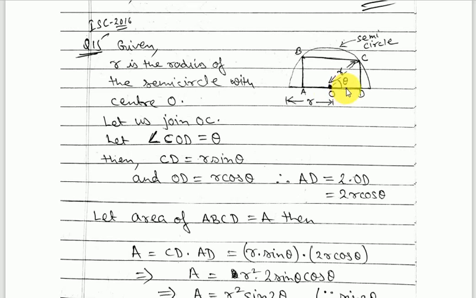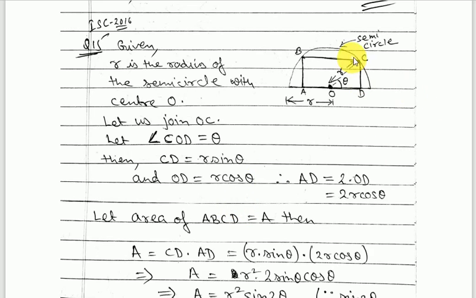OD will be r cos theta and CD will be r sin theta, because ODC is a right angle triangle. Given r is the radius of the semicircle with center O, let us join OC. Then angle COD is theta, then CD will be r sin theta and OD will be r cos theta.